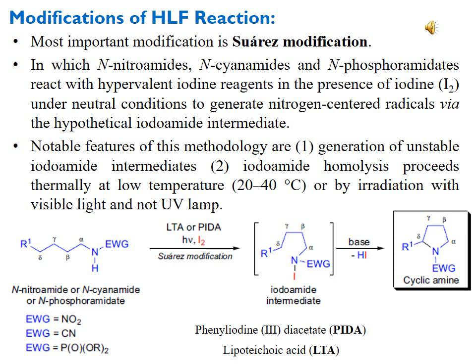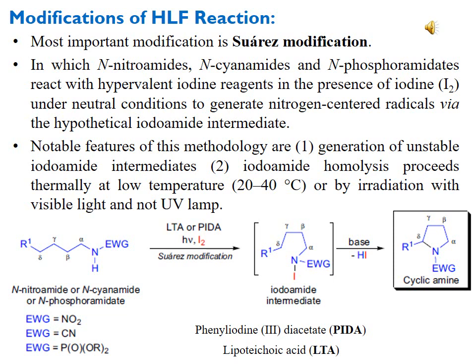Here you can see the structure of these substrates also at the end, where the general structure is shown in which nitrogen is attached to an electron withdrawing group, EWG, and this electron withdrawing group can be NO2, CN or phosphonate. If it is NO2 then it is termed an N-nitroamide, if it is CN then it is named an N-cyanamide, and if it is phosphonate then it is an N-phosphoramidate.